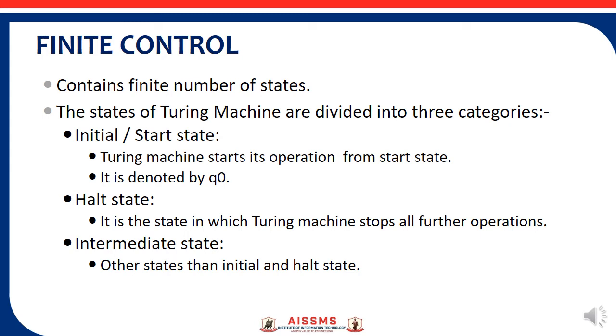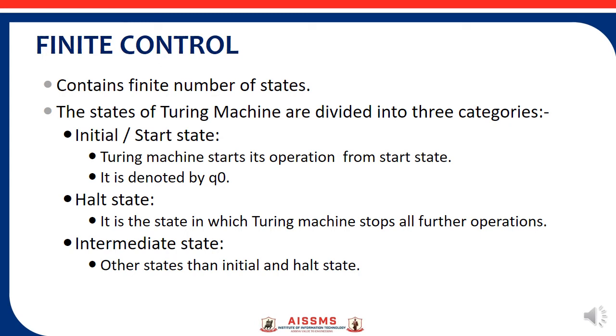The set of states Q contains three special states, that is the initial state, the halt state, and the intermediate state. Also there could be a reject state.